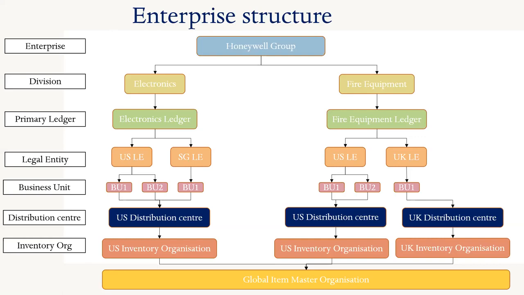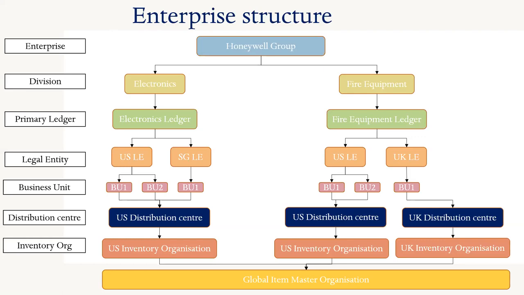So more than the financial part, on the supply chain part, we will have a little variation or enhanced version of it. Okay. So basically we have the inventory organization and we have the item master organization. If you see R12, we will have the item organization and the inventory organization attached to it. But here we can have a global inventory master, I mean item master, and we can have this item master attached with the inventory organization.